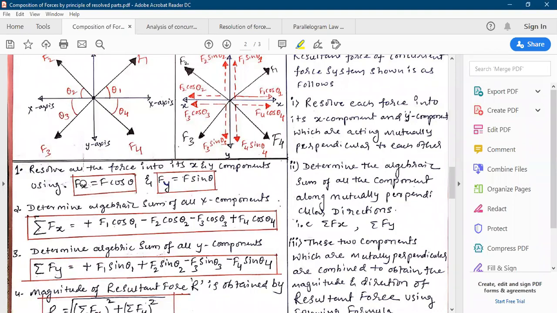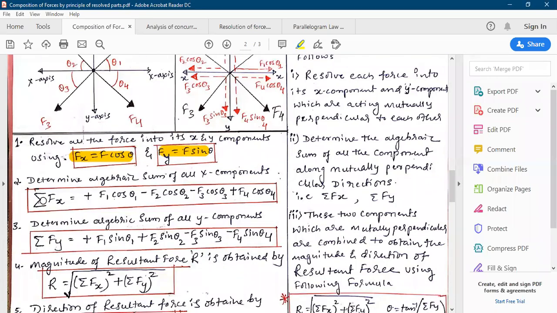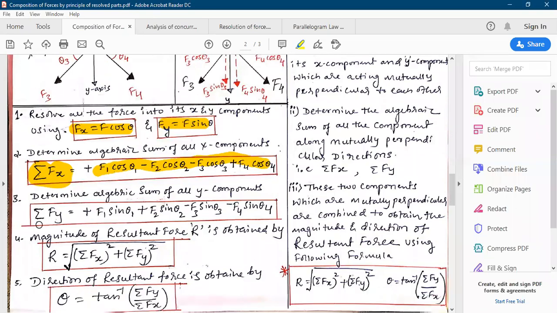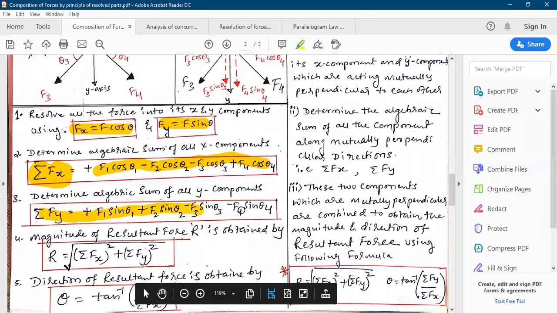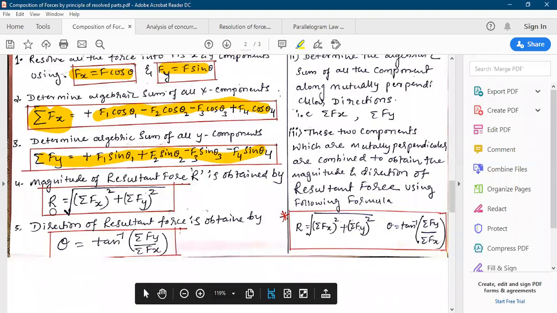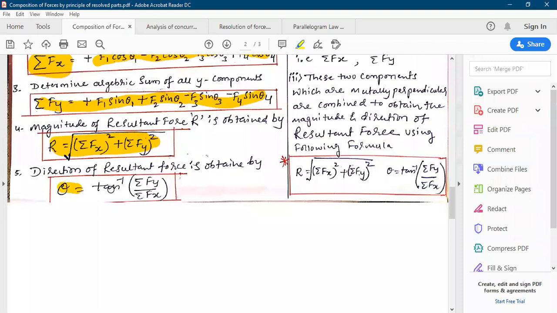First we have to resolve all the forces into their x and y components. Then add all the x components and get the value, and similarly add all the y components and get the sigma fy value. Put it in this formula to calculate the magnitude of the resultant, and put it in this formula to calculate the direction of the resultant force.